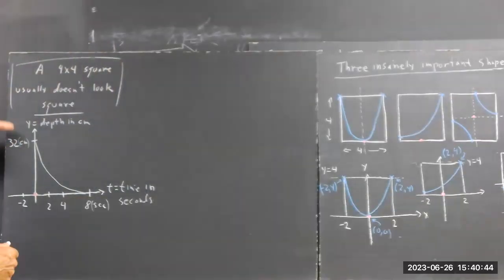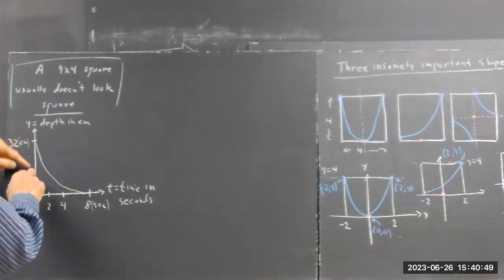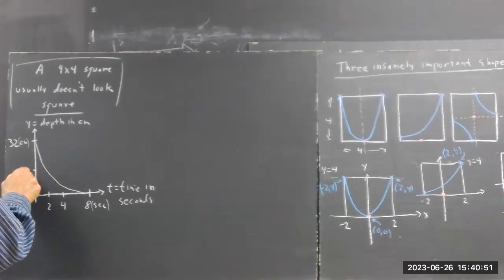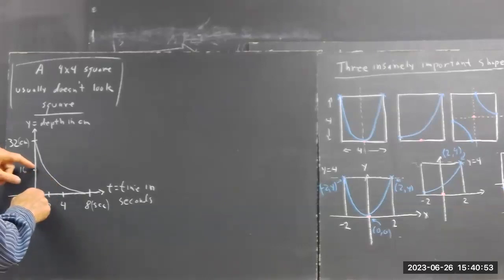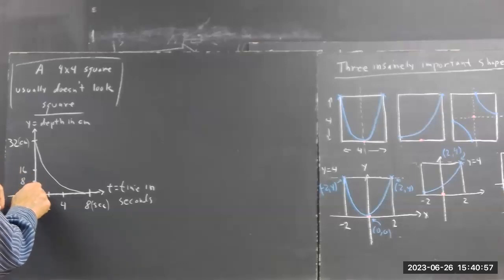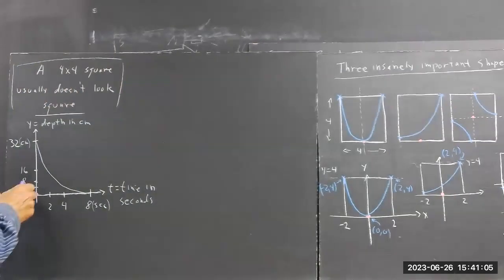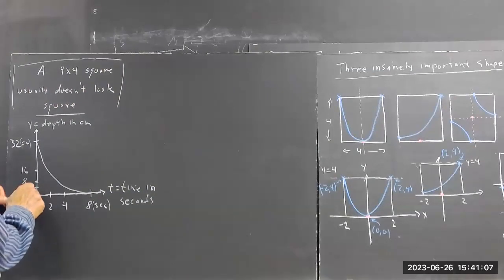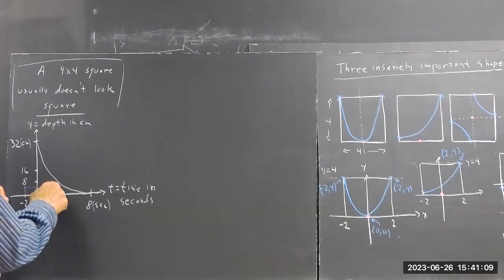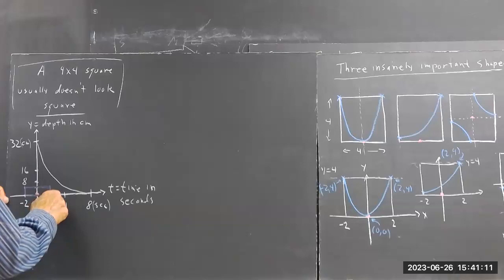Now we want to do our 4-unit height here. How do we do that? Well, we cut the 32 centimeters in half. Be a little careless here. We get about 16 here. We get about 8 here, and we get 4 here. So our 4x4 rectangle, which I'll skip the color, just to emphasize, okay?